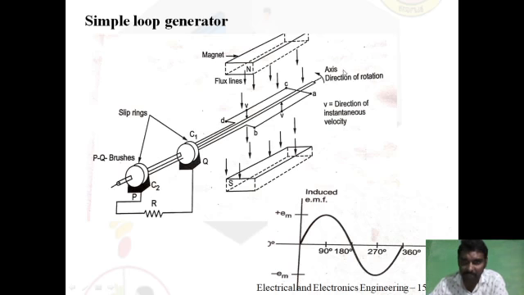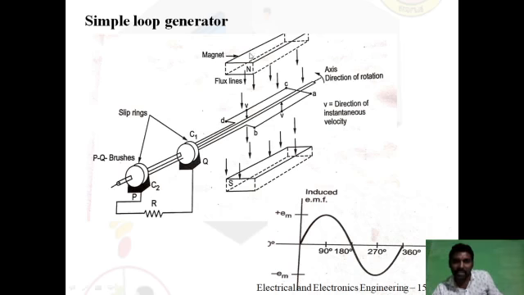Other parameters: if you observe, there is the axis of rotation. In session 1 we were moving the magnetic field, but here we will move the conductor. A small change. There we were moving the magnetic field, here we are moving the conductor. The magnetic field here is kept constant.